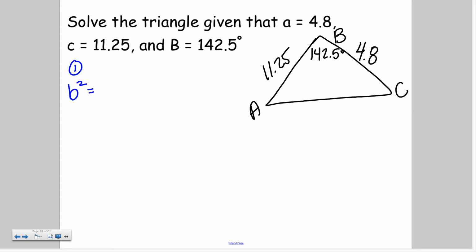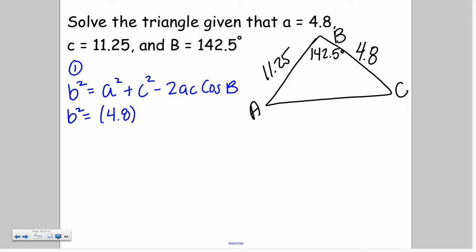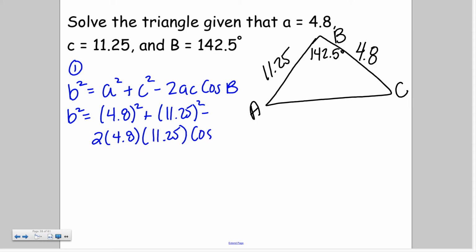So our law of cosines. Now we're just going to fill in. Angle is 142.5.